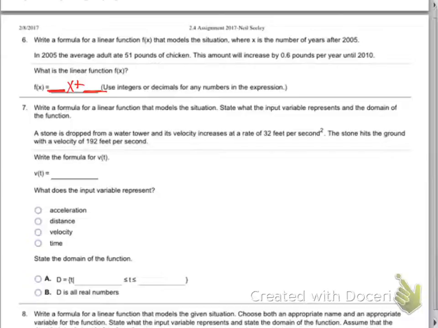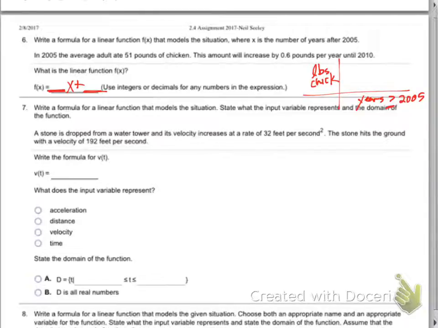So the x is the number of years after 2005, and then the f of x is the amount of chicken, pounds of chicken, that people eat. If you want a graphical representation, or just a picture, what we're doing is pounds of chicken, and then the years after 2005. Okay, so that's me using a greater than symbol for after.